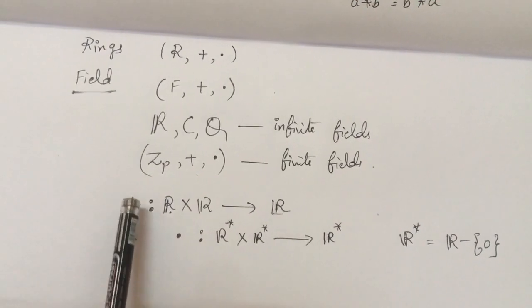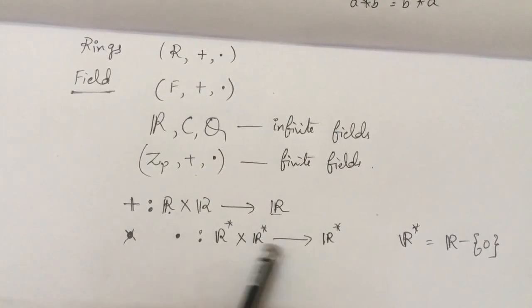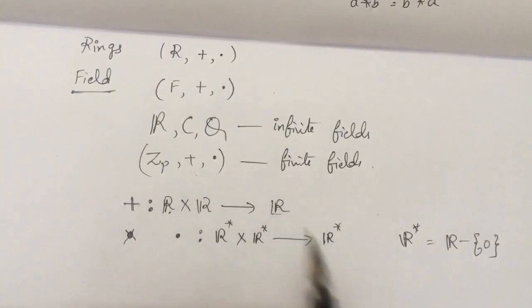So in general, when we consider a binary operation in the case of groups, fields and rings, we deal with elements from the same set and get elements from that set only.